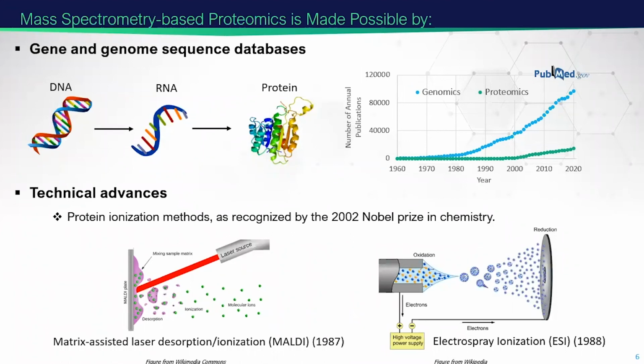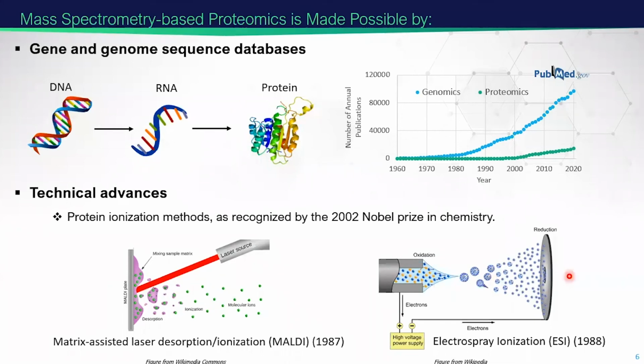You need to get the peptides or proteins ionized so that you can send them into the mass spectrometer. There are basically two types of ionization techniques, and both of them were recognized by the 2002 Nobel Prize in Chemistry. The first one, on the left, is matrix-assisted laser desorption ionization.